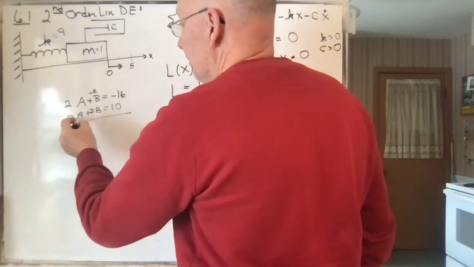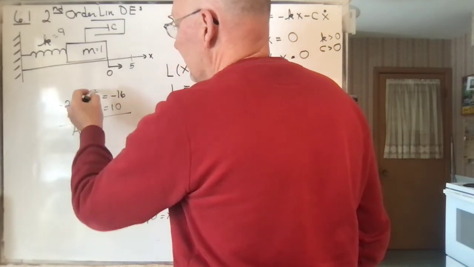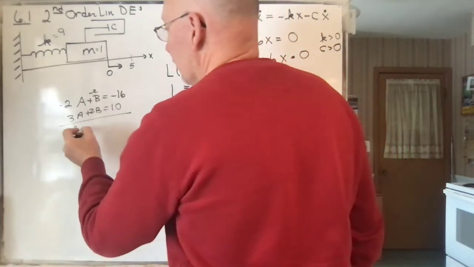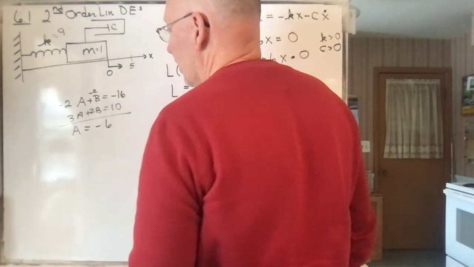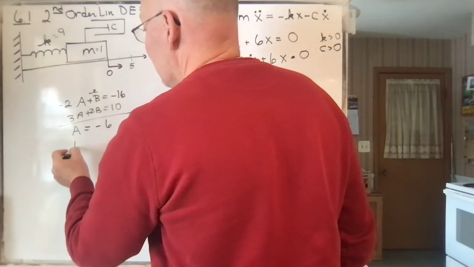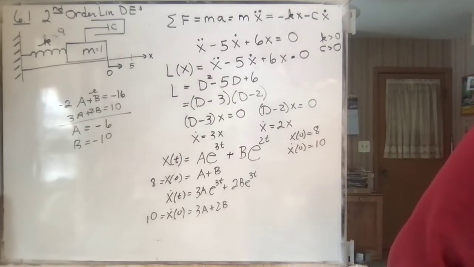Then if I add them, these cancel out, this is a process of elimination, and a is equal to -6. And once you have that a is equal to -6, then you're going to get b is equal to -10, hopefully. Let's see if I get the same thing as I did in my notes.